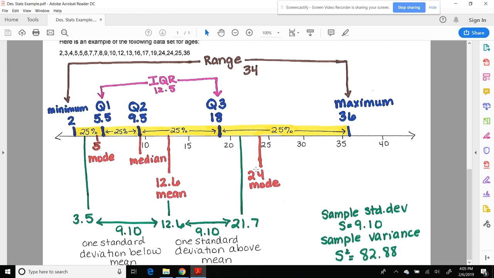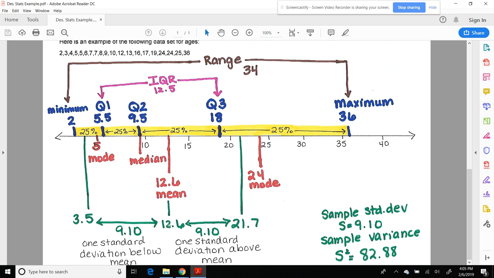The next thing that I needed to look for is my standard deviation and my variance. So I put those in the calculator on the website again, and I got them. My sample standard deviation was 9.10, and my sample variance was 82.8. But I'm not going to put these on my number line as actual numbers, because remember, the standard deviation is the average distance from the mean that your data points are.